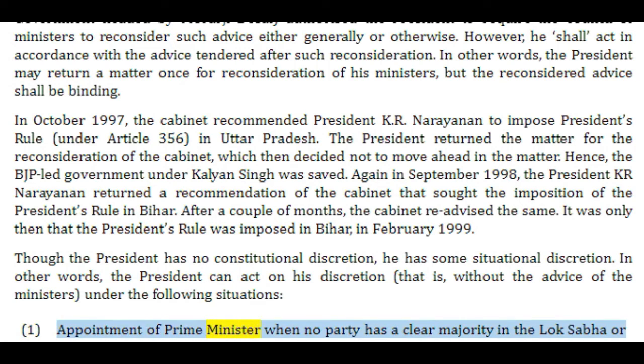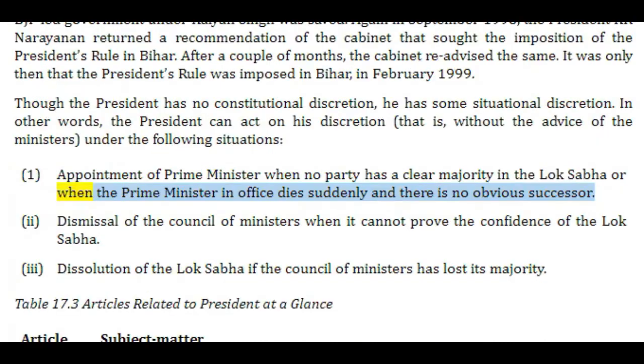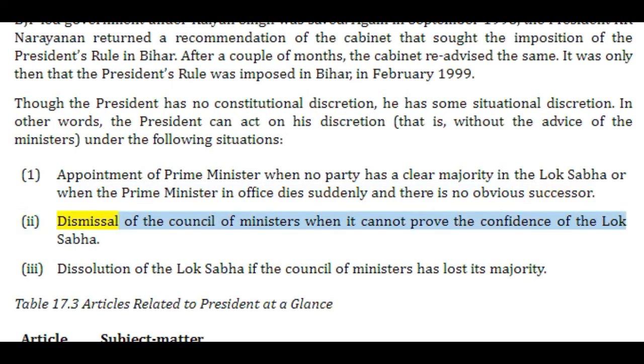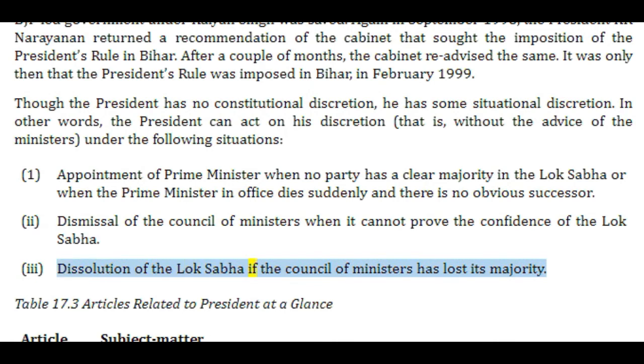Appointment of Prime Minister when no party has a clear majority in the Lok Sabha or when the Prime Minister in office dies suddenly and there is no obvious successor. 2. Dismissal of the Council of Ministers when it cannot prove the confidence of the Lok Sabha. 3. Dissolution of the Lok Sabha if the Council of Ministers has lost its majority.